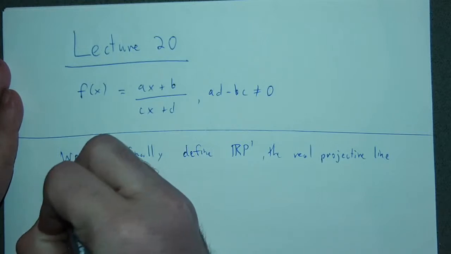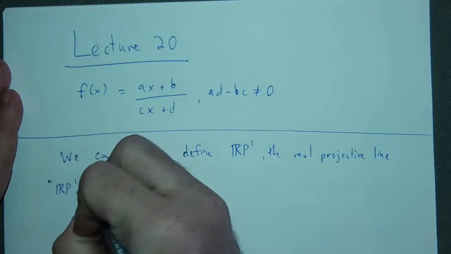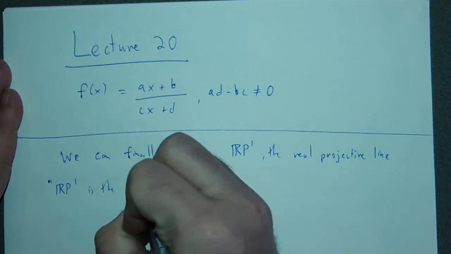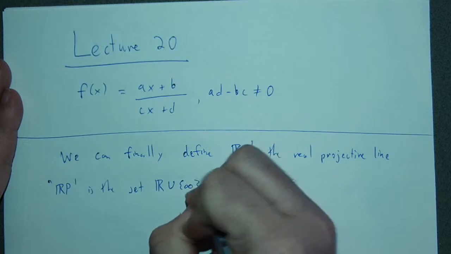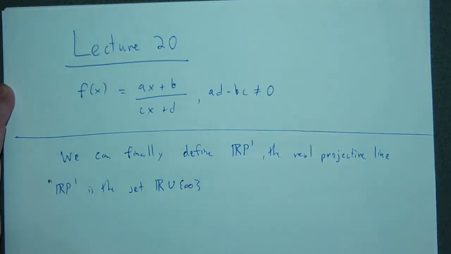RP1 is the set R union this point that I'm calling infinity, which is a point not in R. That's what's important here.